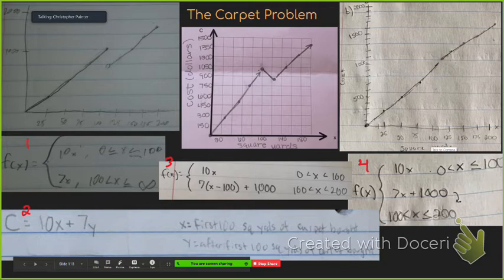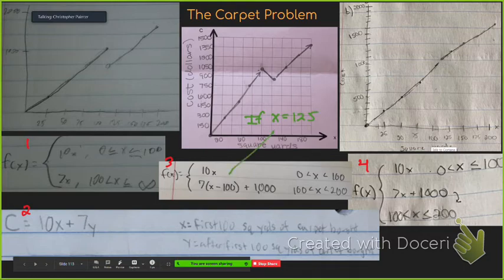So I originally had number 4, but my group talked about how if you plug in 125 where x is for number 3, it would be 125 minus 100, so it gets rid of the first 100, and then it's times 25 plus 1,000, and then you get your answer.